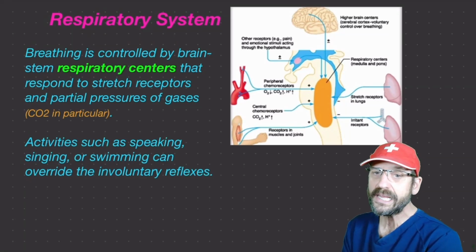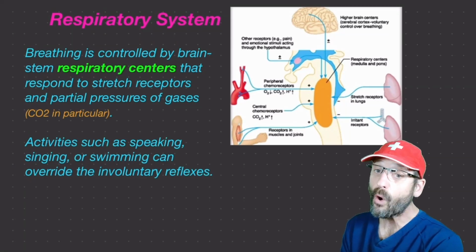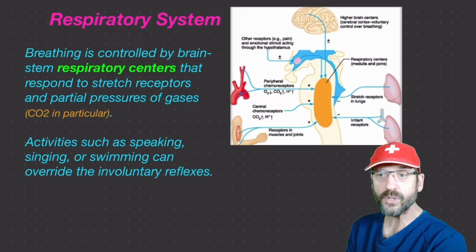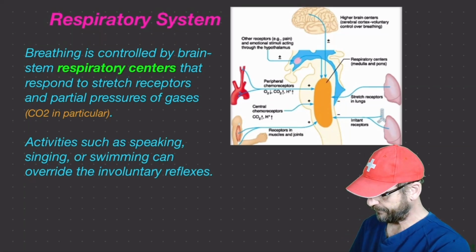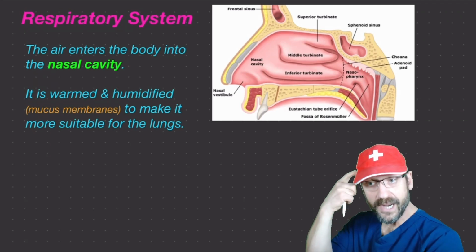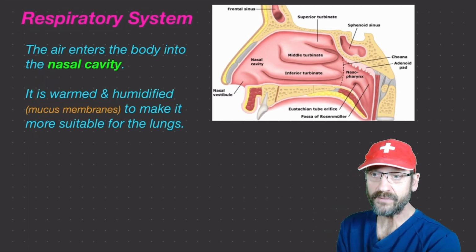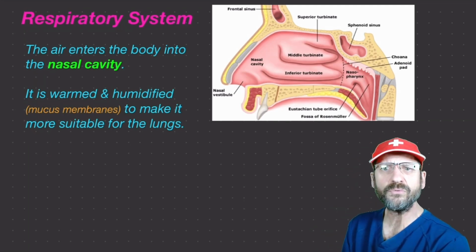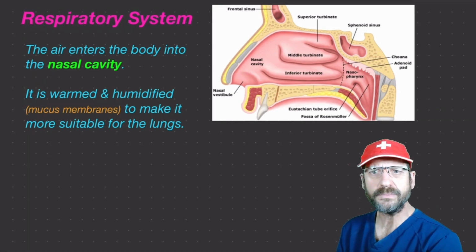Activities such as speaking, singing, or swimming, though, can override the involuntary reflexes. And you know that you can hold the breath. The brain can override those, but thank God there's a thing that we don't have to think about. Otherwise, it would be hard to sleep.